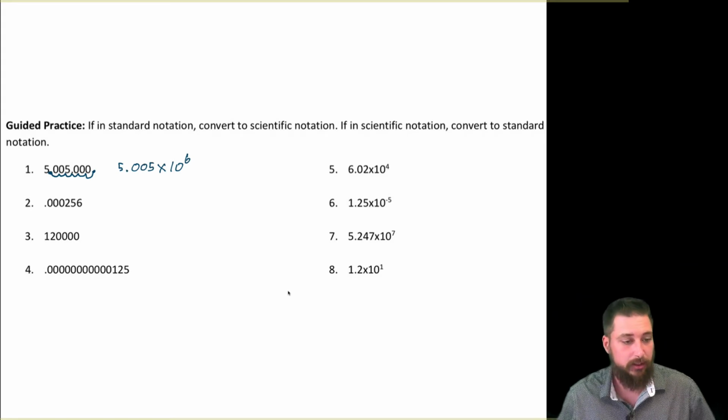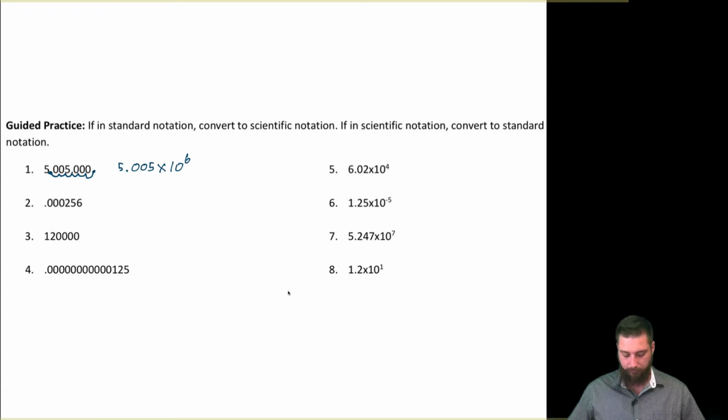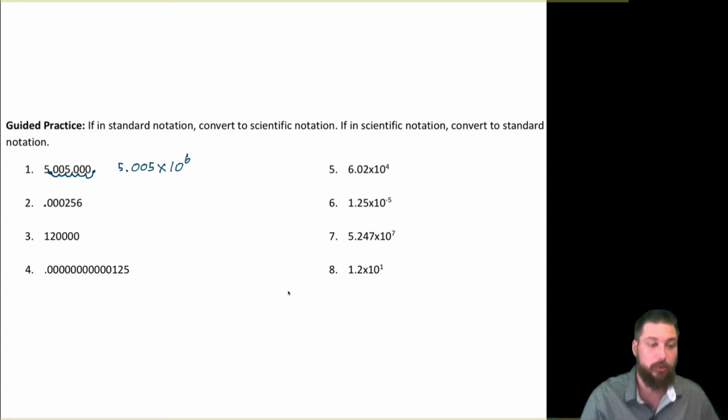Now, let's go ahead and talk about number 2. Number 2, again, we're going to move the decimal to where there's one number to the left. Here is the decimal right here, and we're going to move it right there. And we will end up with 2.56 times 10 to the 1, 2, 3, 4.